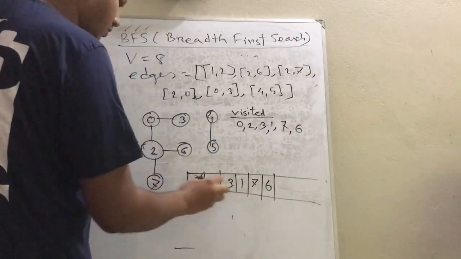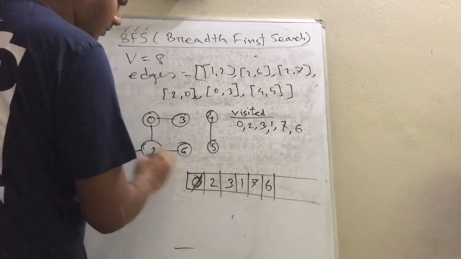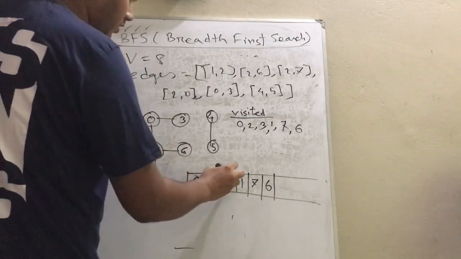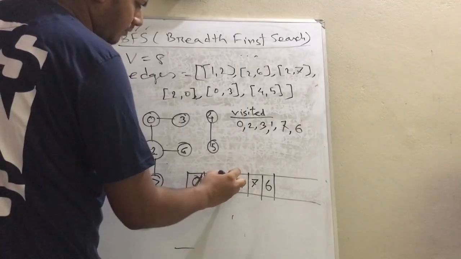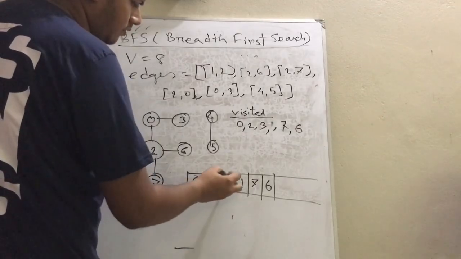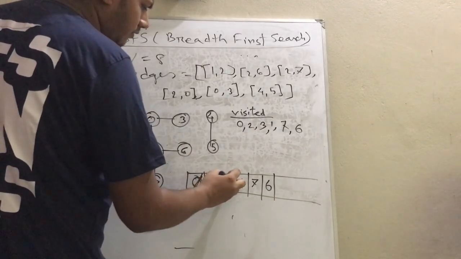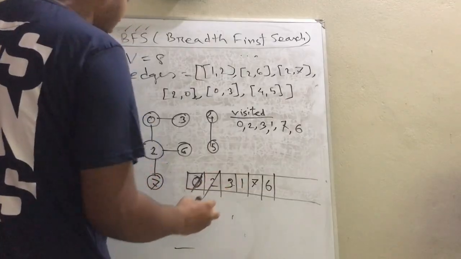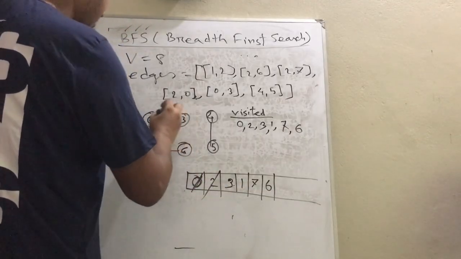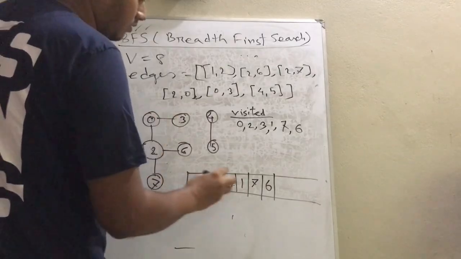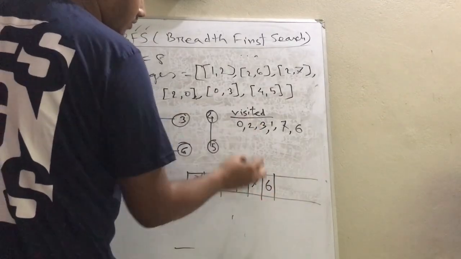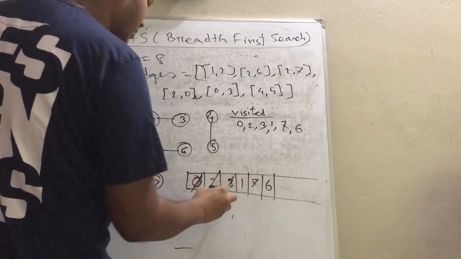Okay, now 2's neighbors are visited, delete 2. Now 3 remains. What is the frontier of the Q? 3, the first element. What are its neighbors? 0 is the neighbor, and 0 is already in visited, so 3 is done.